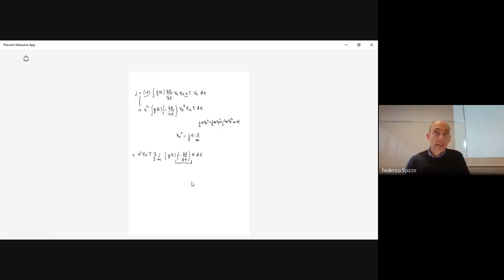Let's have a look at this derivative. In general, the Fermi-Dirac distribution function is 1 below EF, 0 above EF, and different from 0 just very close to EF. Because the range of energies where the function is switching from 1 to 0 is proportional to kT.